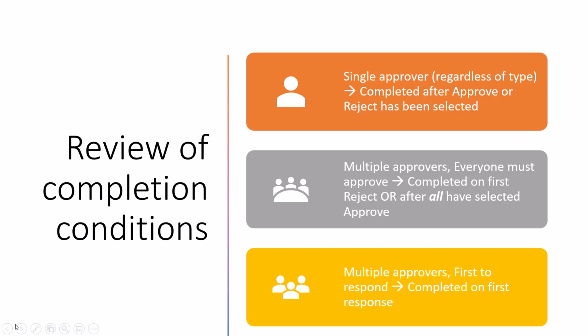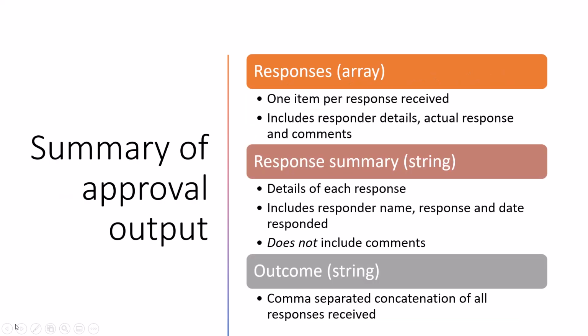And to tell them that the first person who makes a choice, that's it, that's done, is kind of insane. That's not how most businesses work. So you do need to make sure that you know what you're doing when you choose that approval type, and understand the consequences of that choice. Anyway, moving on. These are going to come back in because they also play a role in what data we get out of the approvals.